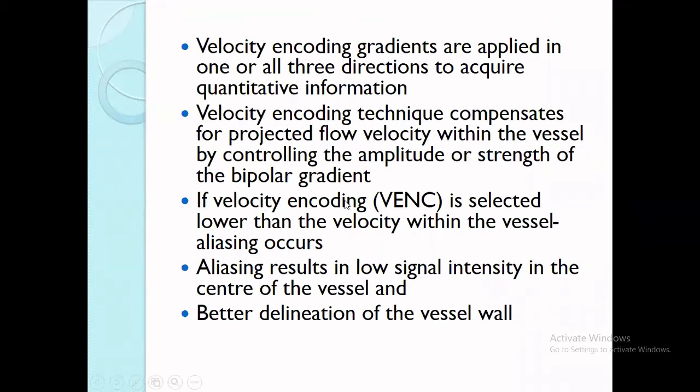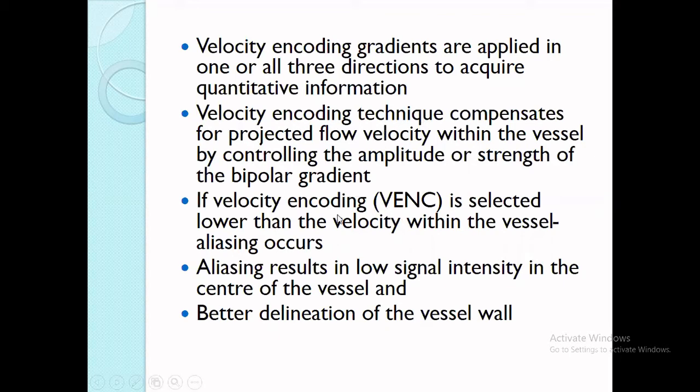VENC, velocity encoding, is a parameter that you have to set before the PC MRA. While performing the PC MRI technique, before that you will have to give this value. We call it the VENC value.